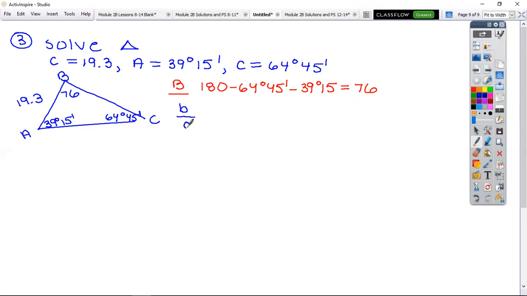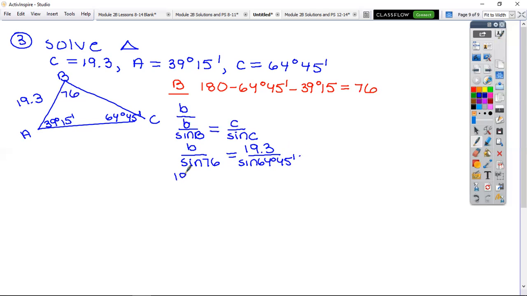We're going to go b over sine of B is equal to little c over sine of C. So little b is unknown, over the sine of 76 degrees, equal to little c, 19.3, divided by sine of 64 degrees and 45 minutes.